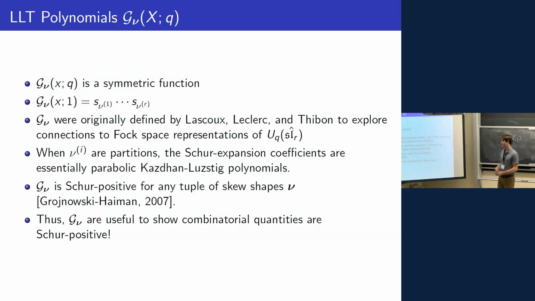I have something with nice monomial combinatorics, but if I can group the monomials into LLTs, then I automatically get a Schur positivity result for free, using the work of Grojnowski and Haiman. This really motivates why, at least in algebraic combinatorics, LLT polynomials show up a lot: they're a nice way to take something combinatorial and establish Schur positivity.